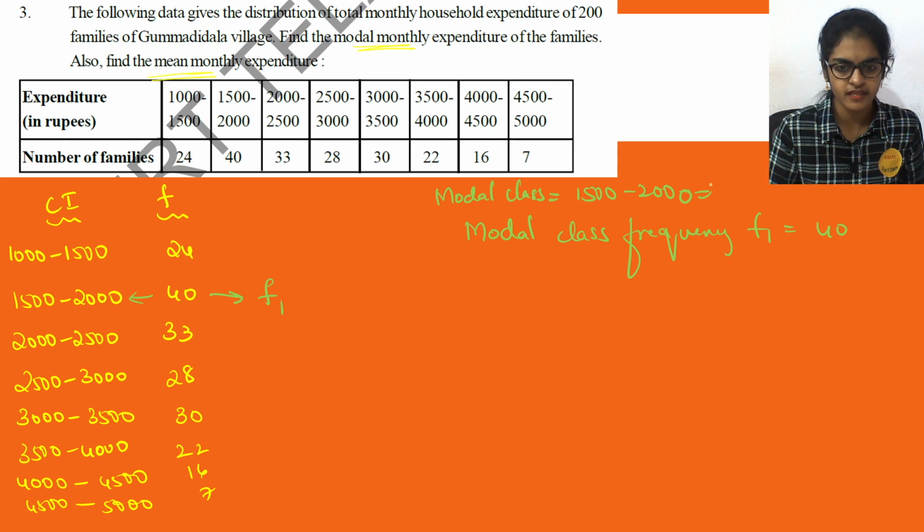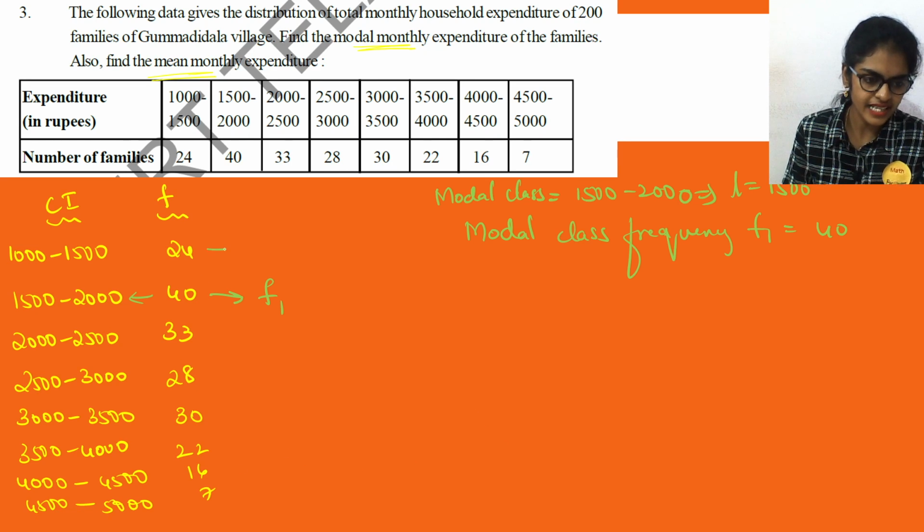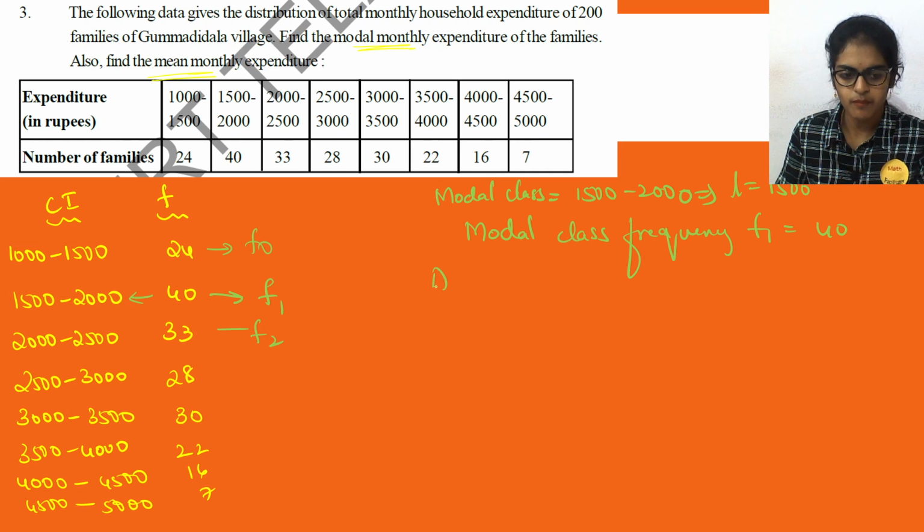So from this, my lower limit L value is 1500. Is it clear? Now this is F0, this is F2. Above the modal class, frequency F0 is 24. Below the modal class, frequency F2 is 33.